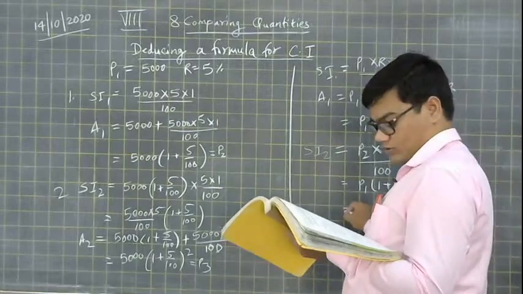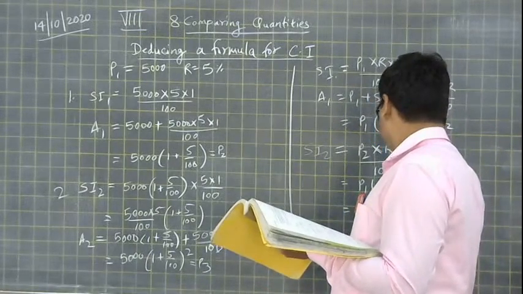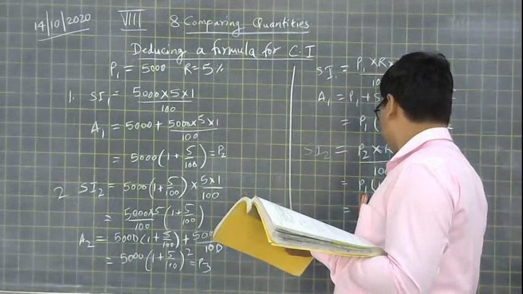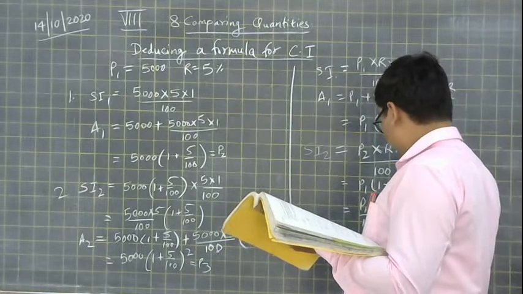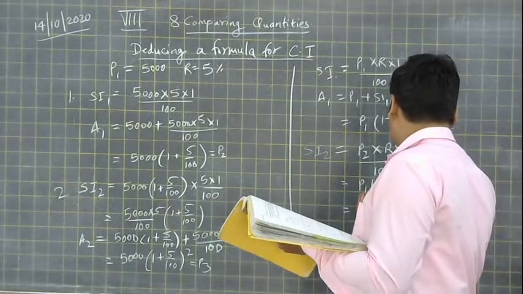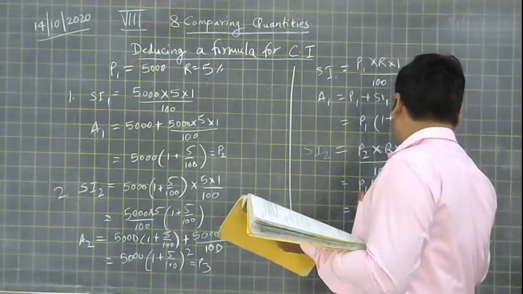So this is equal to P1 R upon 100 into 1 plus R upon 100.